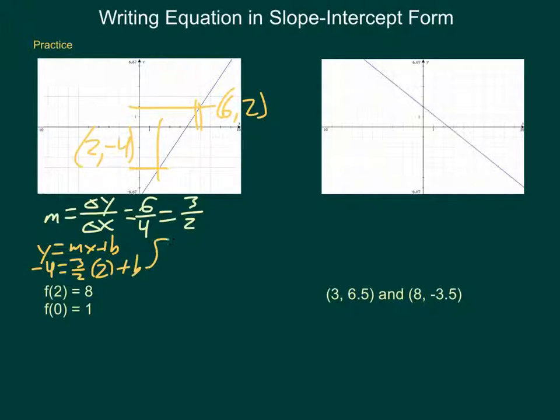If I simplify, that's -4 equals 3 plus b. Subtracting the 3, I get b equals -7. So my equation here comes out being y equals 3/2 x minus 7.